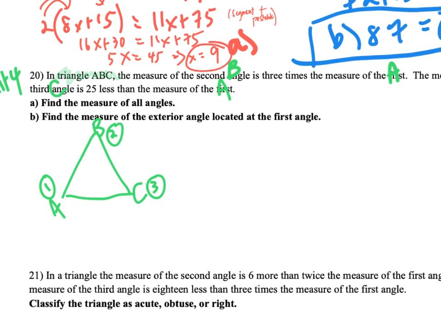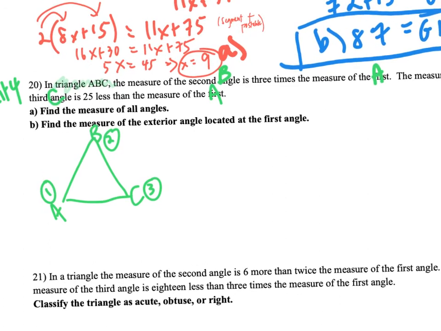I know that B is equal to, because I have that keyword is, 3 times the measure of angle A. So 3 times A is just 3A.